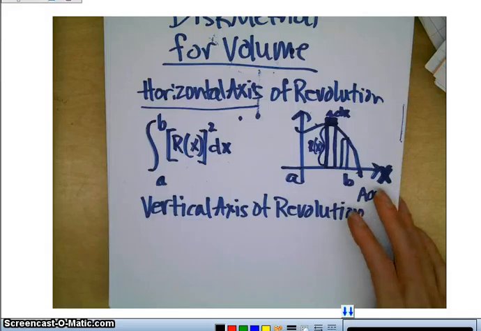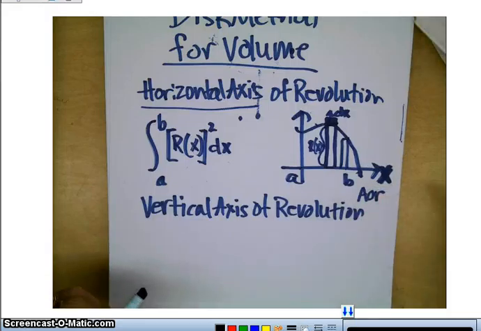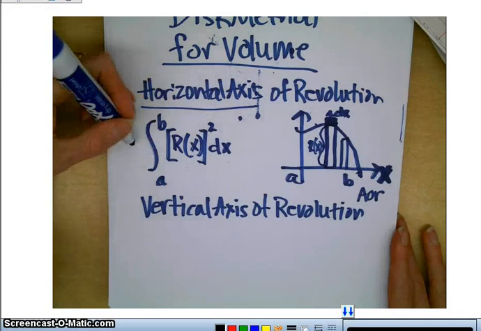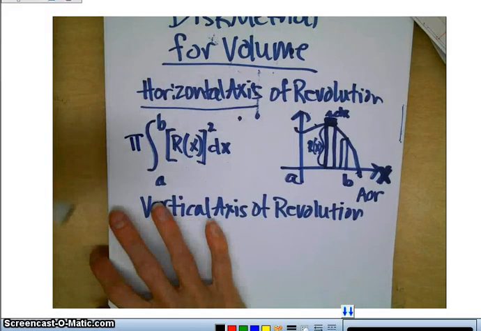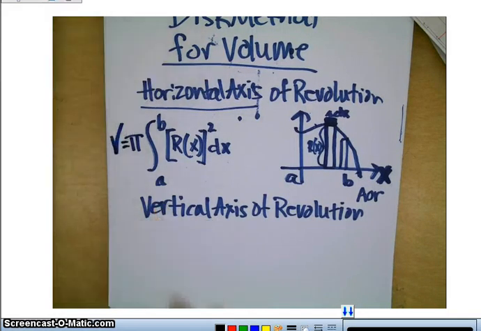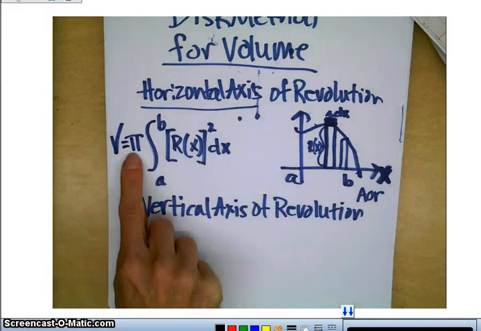Now, in order to get all of the formula here, you have to then multiply by pi, because the volume is pi r squared h. So the volume of the solid of revolution, basically there's your pi r squared h.